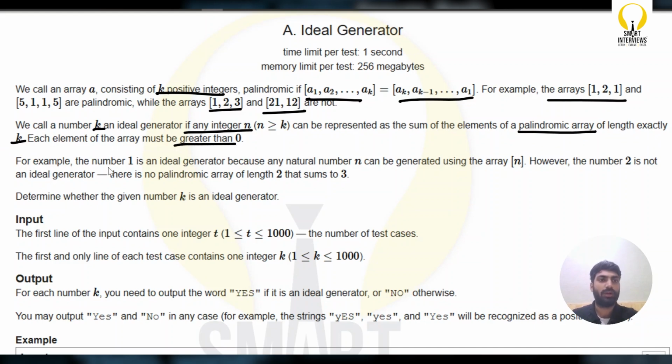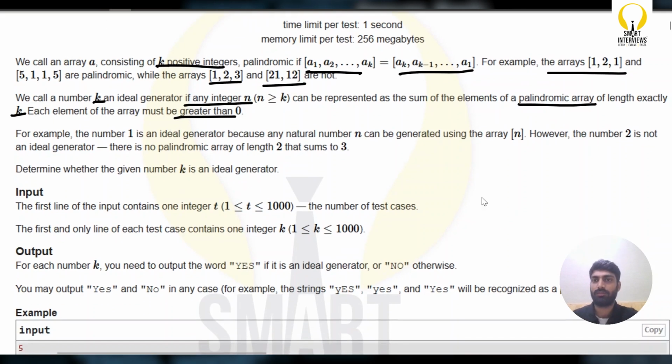Okay. For example, the number 1 is an ideal generator because any natural number n can be generated using the array [n]. So it is saying that k is 1 and with just a single element in the array, you should be able to generate all the values of n which are greater than or equal to k.